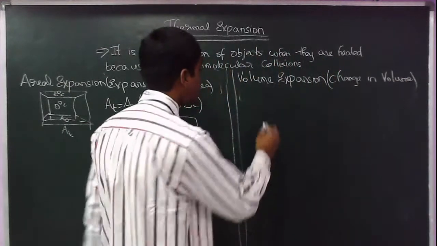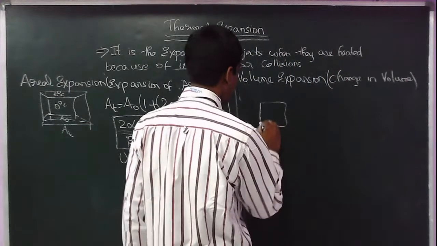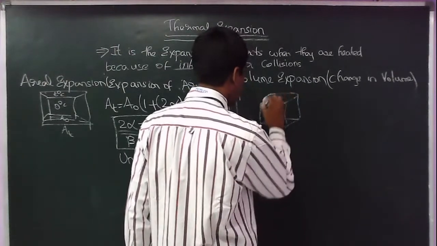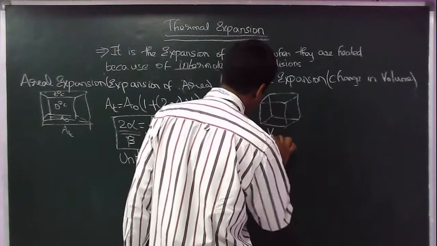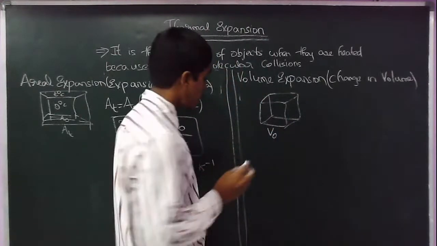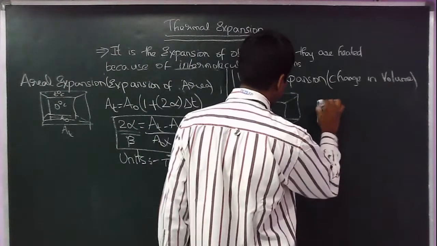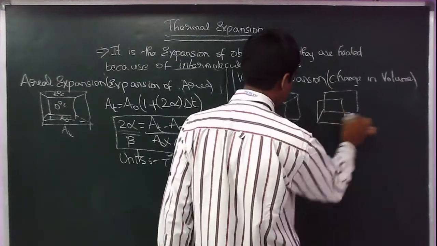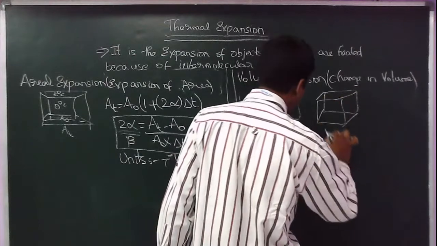So, suppose this is a cube. This is V0, the initial volume at the initial temperature. Now, at the final temperature T, it is Vt.